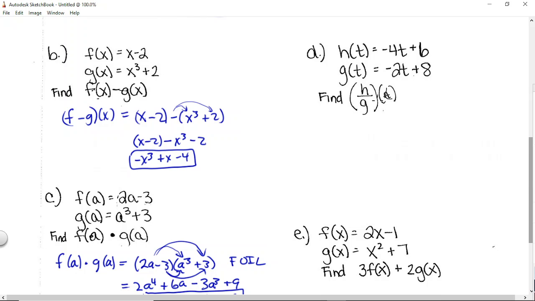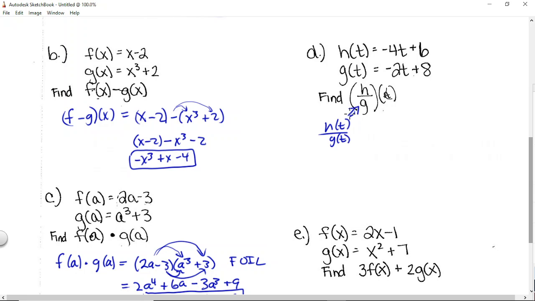We have h of t and g of t. Looking at how the homework does division, I don't think you even have any division on the homework, which is okay. So the other way of writing it is like this: h of t over g of t. Just two ways of writing the same thing.